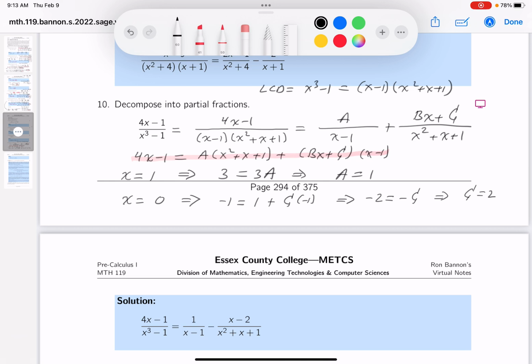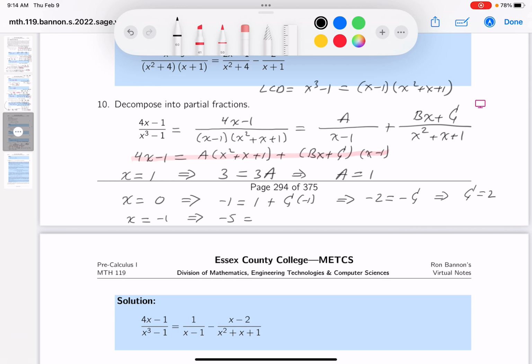All right, let's pick another number. Let's say we already chose 0 and 1. I think the number I'd go to now is probably minus 1. And what do you get on the left side? You get minus 4 minus 1 is minus 5. And minus 1 would give you, let's see, 1 minus 1 plus 1, that's 1.